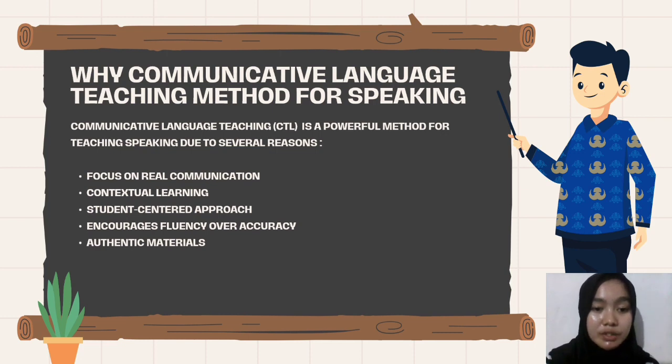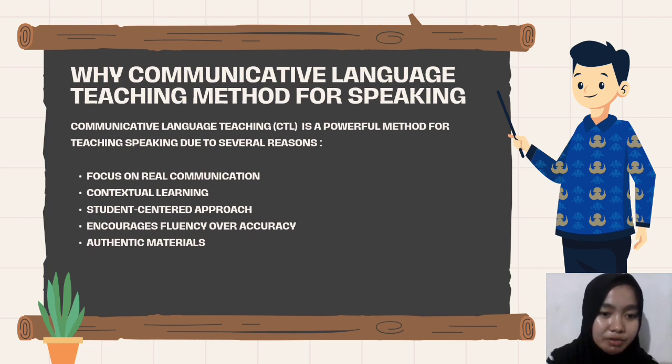Number 2. Contextual learning. The method promotes learning within meaningful contexts rather than isolated language drills. CLT incorporates language use in practical situations, making the learning experience more relevant and applicable to real-life scenarios. Number 3.